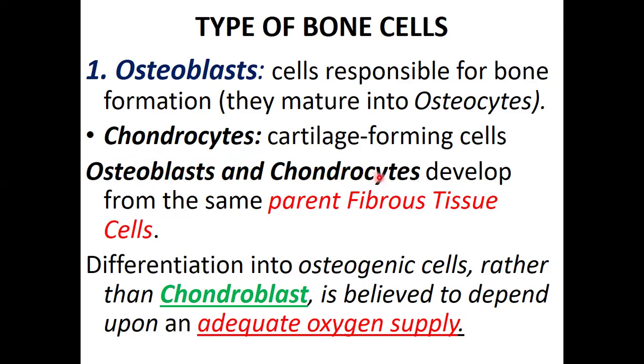Bones, especially long bones, develop from cartilage. So a fetus doesn't have bones. A fetus has cartilage. They are very flexible. They don't easily break. Okay. So now those cartilage will be converted into bone, and therefore you can't call them chondroblasts or chondrocytes.